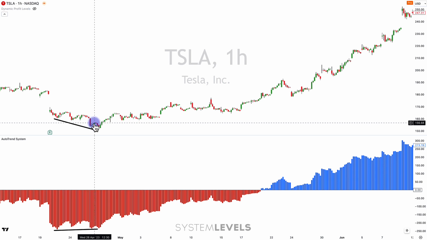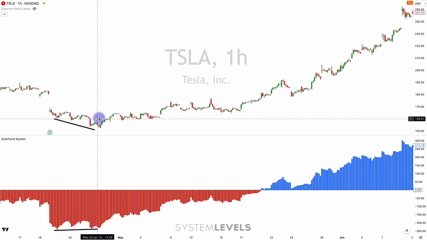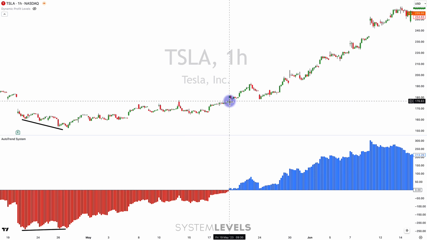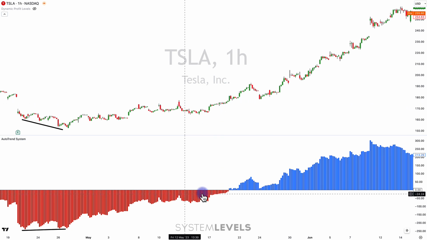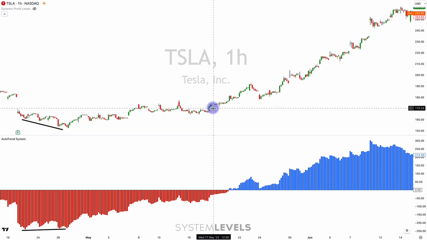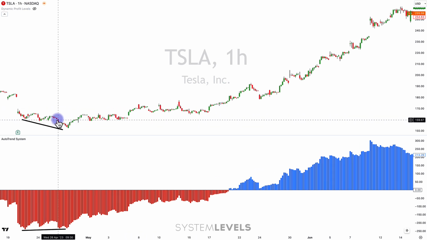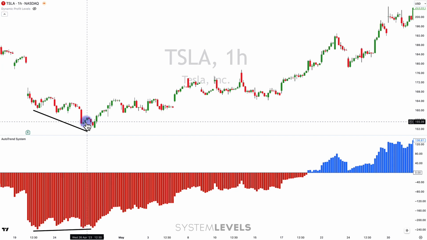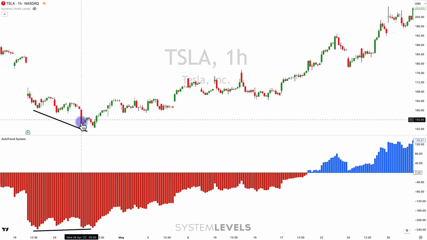You could wait for an official ATS buy signal, and you are getting that a little bit later at this location here. When the bars of the ATS change from red to blue, that's your signal to go long and buy at that point. But you can also get in before that happens, right here, as price is breaking above the candle that created this divergence basically, which is this candle right here.